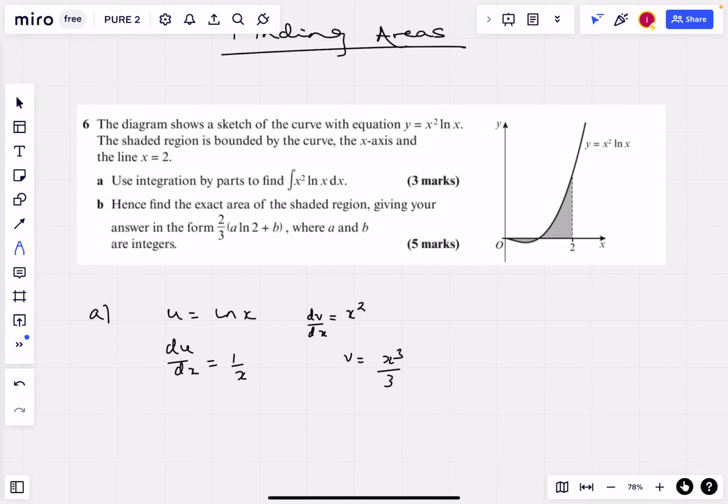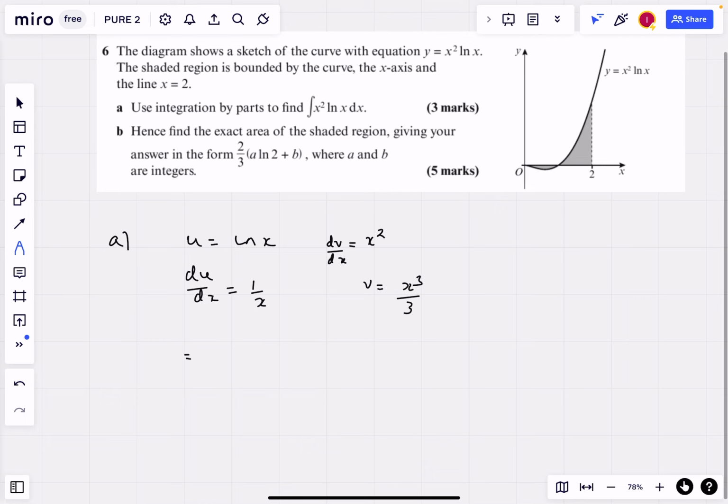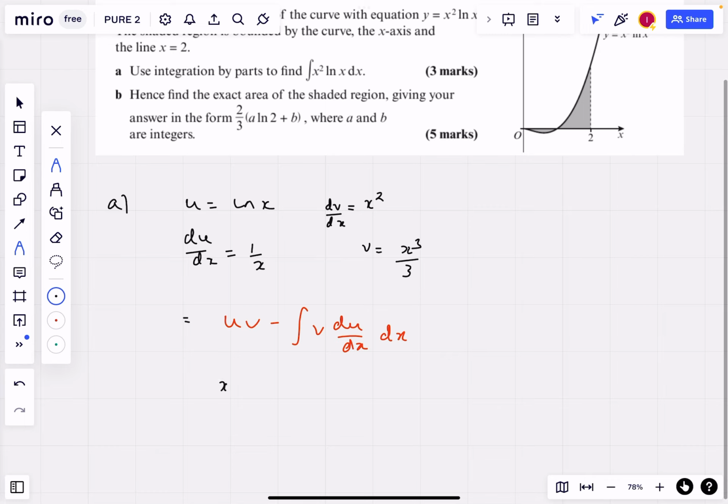And now you apply that into your integration by parts rule. uv, let me write it down, uv minus integral of v du by dx with respect to x. So uv, x cubed over 3 ln x minus the integral of x cubed over 3 times 1 over x dx.